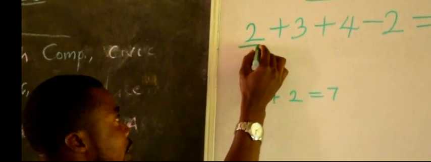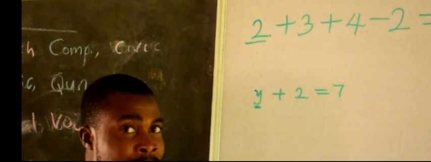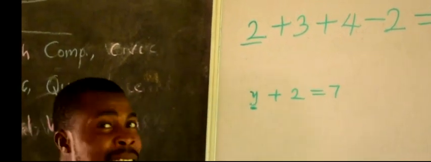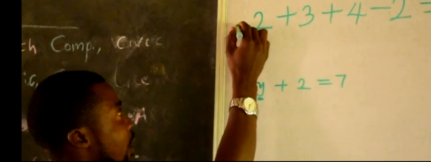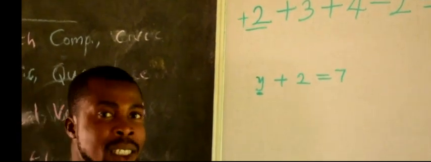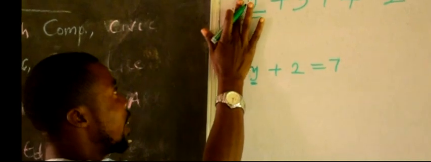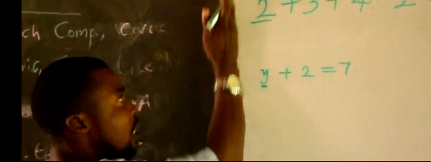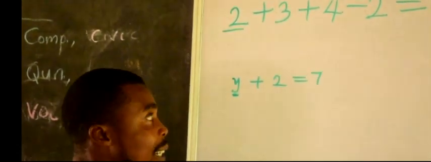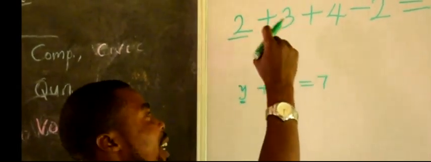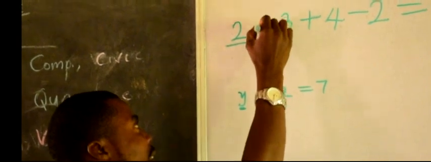The sign of this cannot be seen. There is nothing there, but it still has a sign, which is positive. We call it invisible plus. And this 3 has a sign. The sign is this.